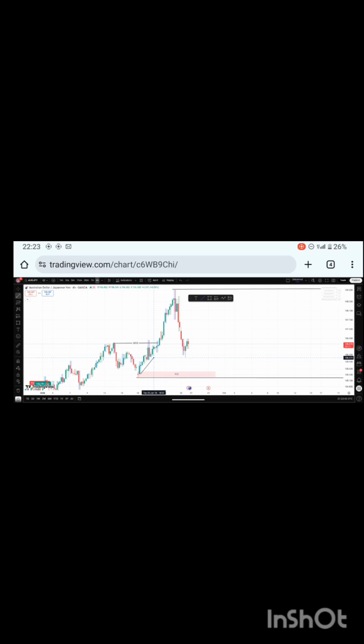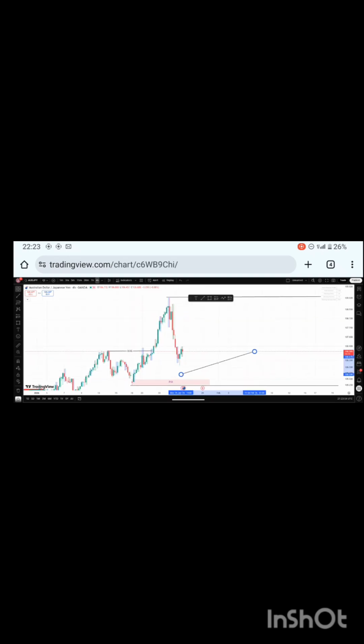After that, there was a heavy pump, which you can see clearly at this point. So I can easily map that as my supply zone, and also as my point of interest.